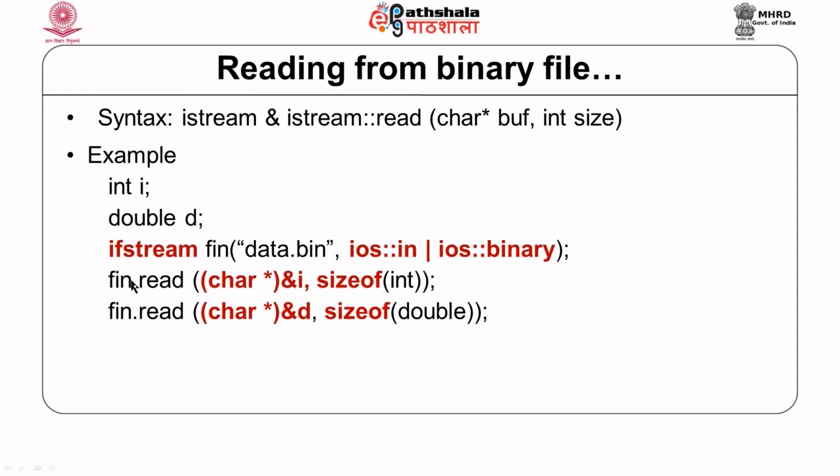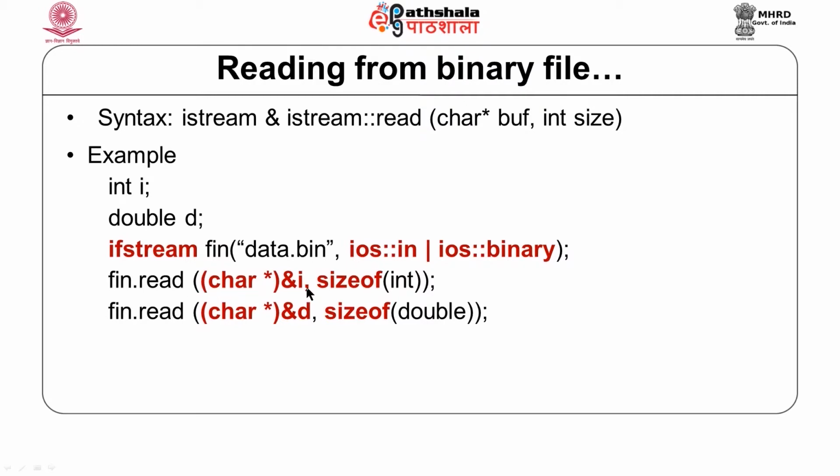So, this is a simple example of reading the integer and double data which we have written in the file data.bin. First of all we need to open the file. ifstream is the class, fin is the object of class ifstream, data.bin is the name of the file, and the mode is in as well as binary, and the method we are using is fin.read.